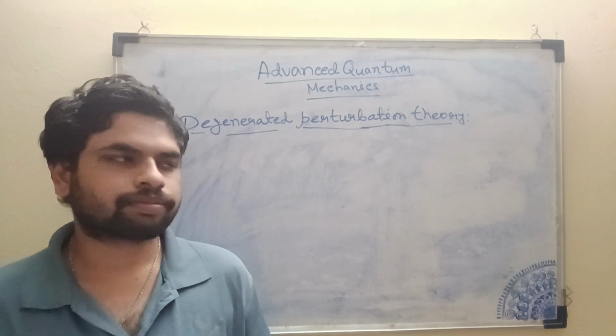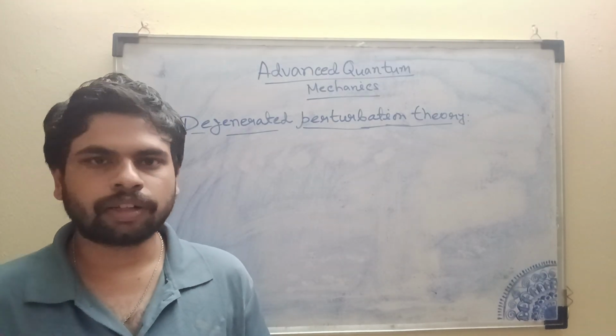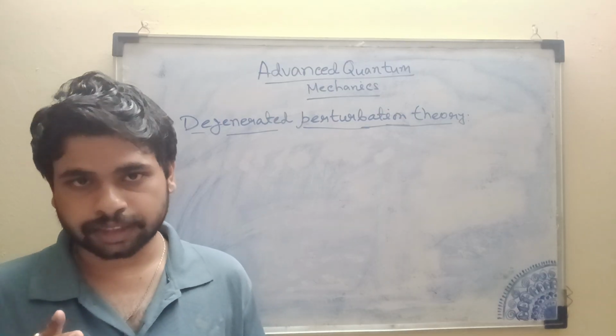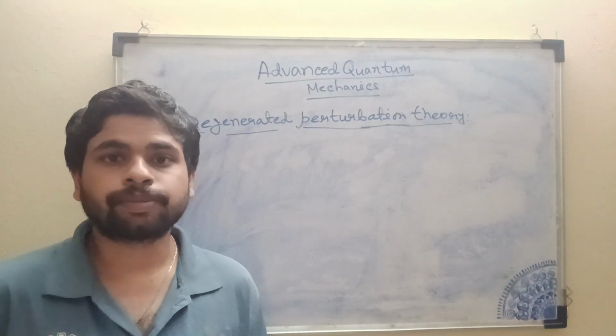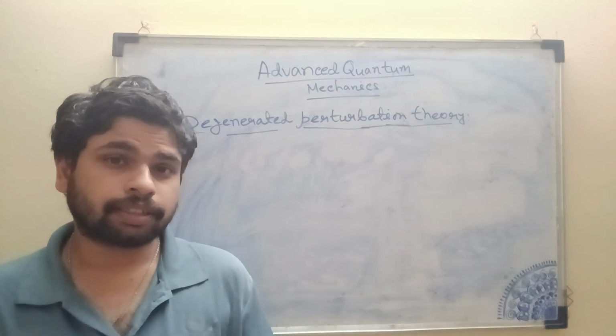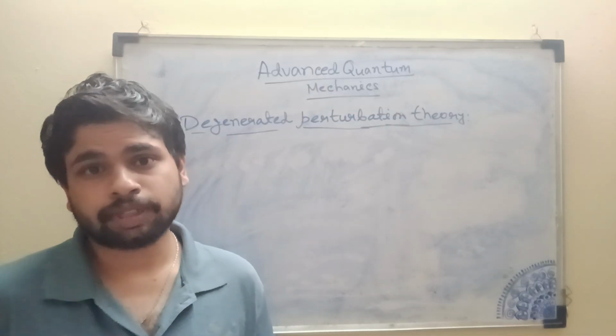So till now we were talking about the non-degenerate cases where there is an energy difference between the two energy eigenstates. But when both the eigenstates have the same energy, then what will happen?